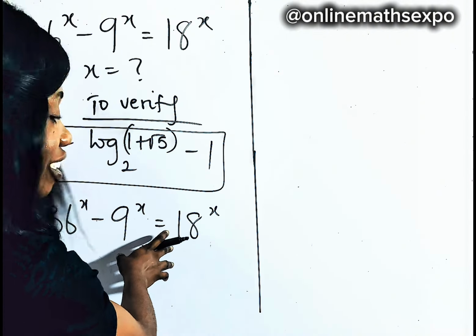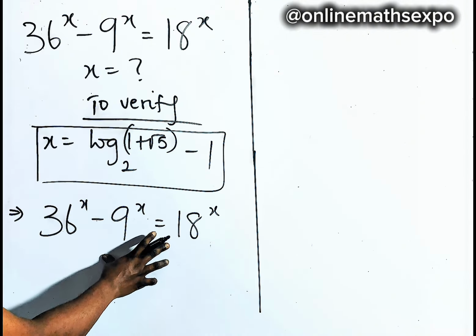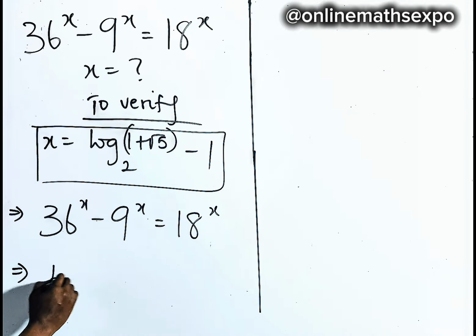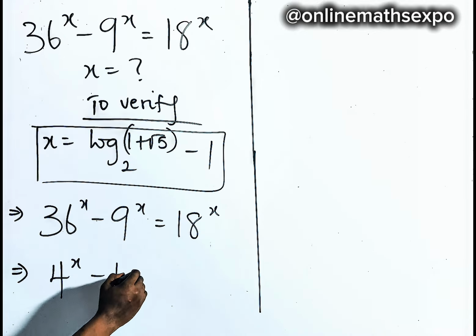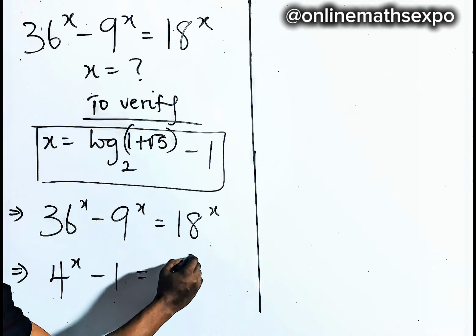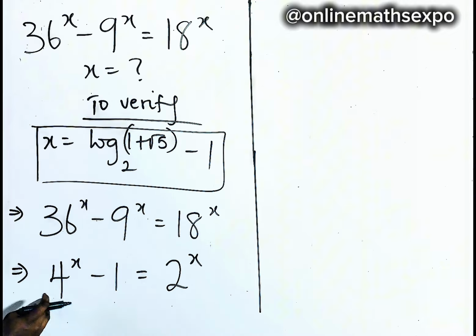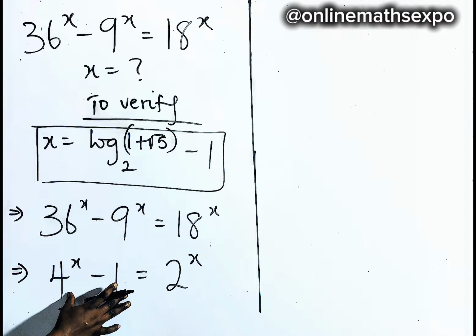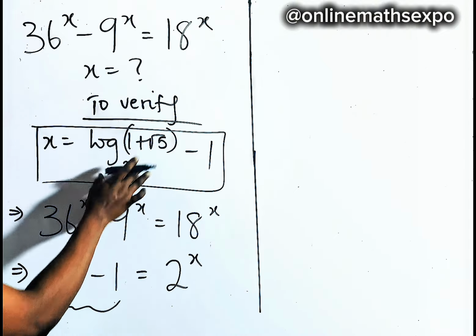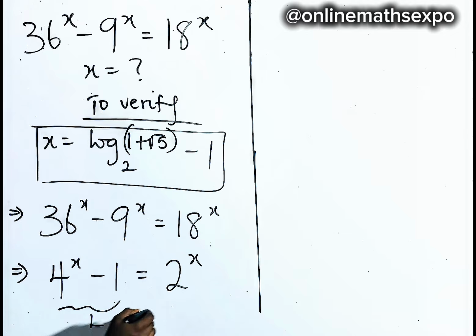Remember, we simplified this at the beginning of the solving, and it gave us 4 to the power of x minus 1 is equal to 2 to the power of x. So we're going to plug this x value on the left side to see if it gives us the right side.